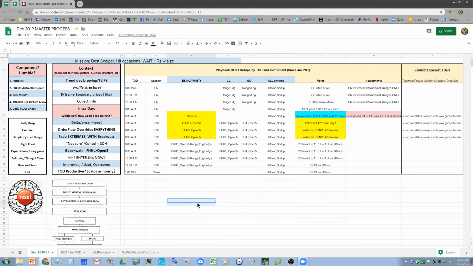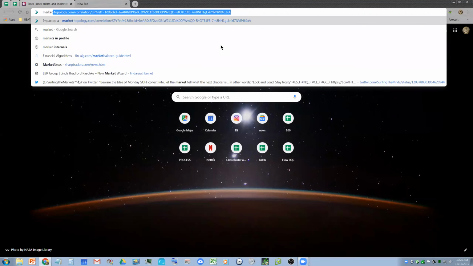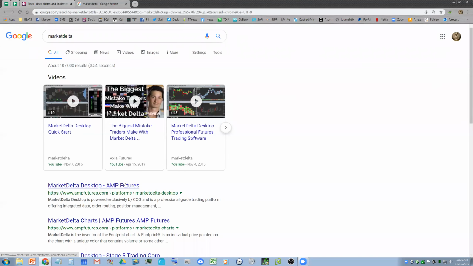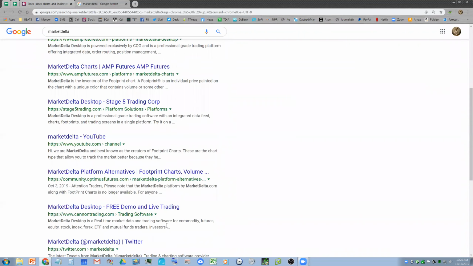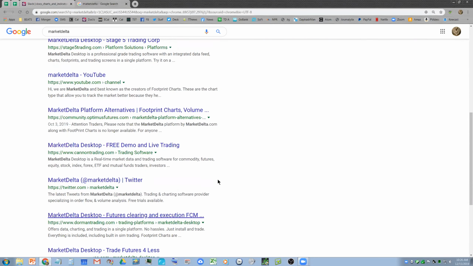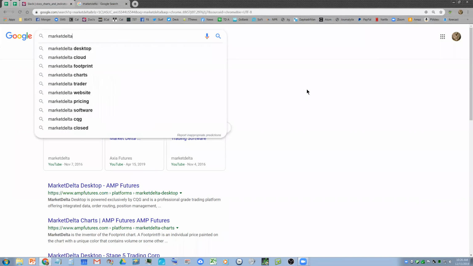But they're the guys, if I'm not mistaken, correct me, this may have changed, but Market Delta were the ones that also owned, these are all people selling the licenses. You might know, Lee, do they still own Steidlmayer's Market Profile?